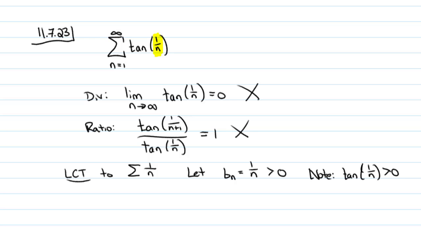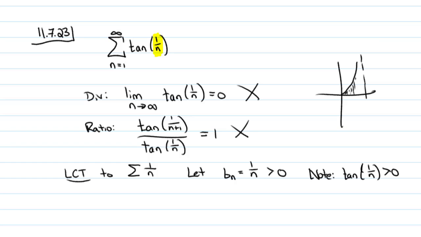That's because you're starting at 1, so tangent of 1 is going to be positive if you think about the graph of tangent. And then as n gets large, you're plugging in numbers that are getting smaller than 1. And if you think about the tangent curve, it's always above the x-axis, as long as you're positive there, and it's approaching 0. So the tangent function is going to be positive. So we have two positive sequences.